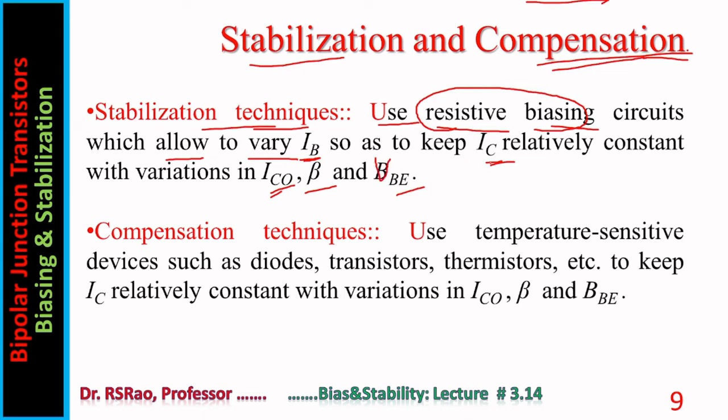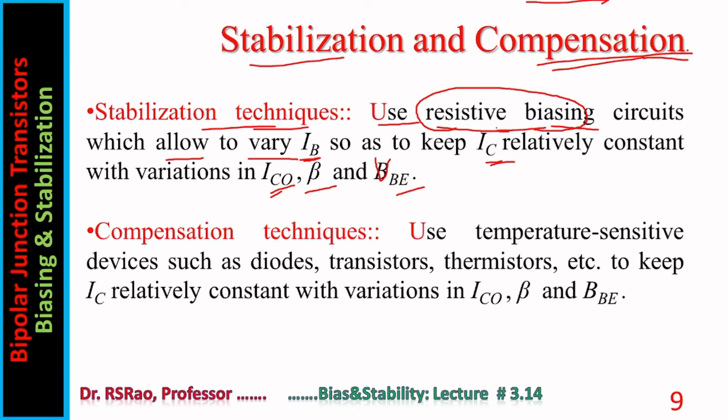IC depends on IB. IB is input current, IC is output current, DC. Of course, both are DCs. IC depends upon IB. IC depends upon ICO, beta, VBE.